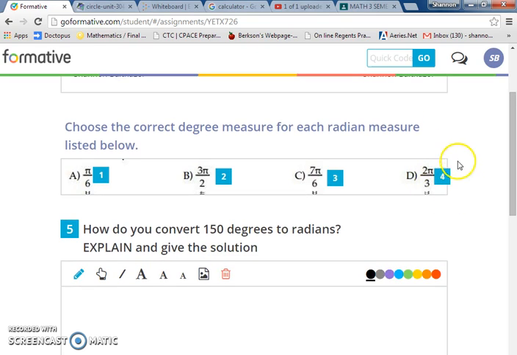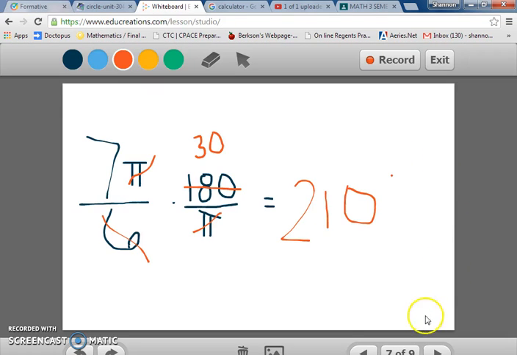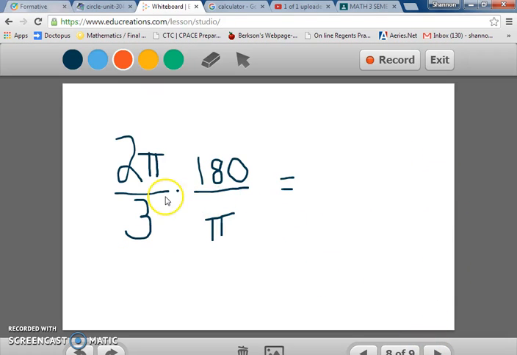Last one in this section, part D, or number 4, is 2 pi over 3. It's in radians. We need to multiply it by 180 over pi. Pi is going to cancel.